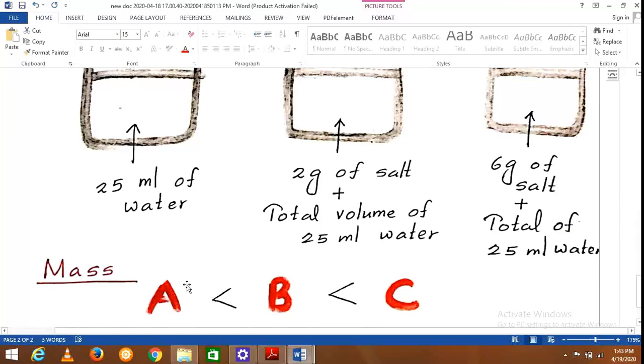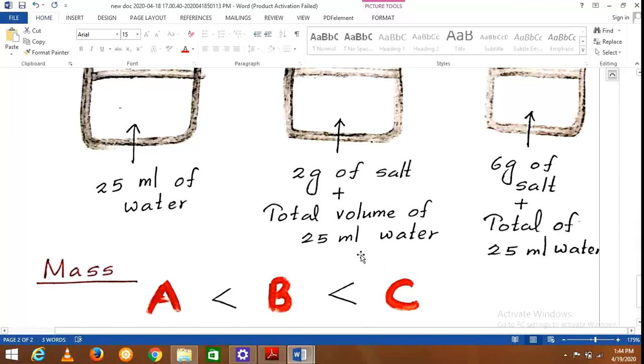So accordingly you can conclude that mass of water increases with salinity. When the salinity increases, the mass of the solution also increases. Therefore, by using this method, we can separately identify fresh water, marine water and brackish water, which has a salinity in between fresh water and marine water.